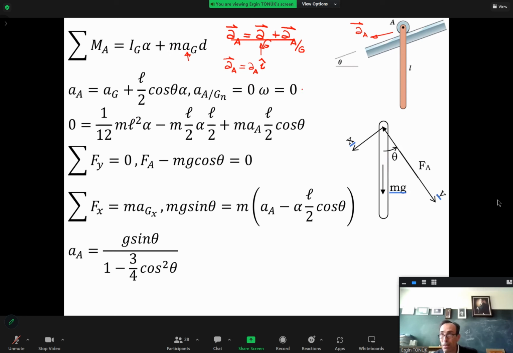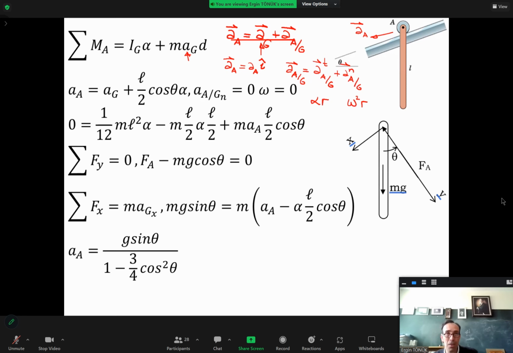Then this relative acceleration, a_A with respect to G, has two components: a_A/G tangential, and a_A/G normal. Am I right? And this has a magnitude alpha r. This has a magnitude omega squared r. And they are perpendicular to each other, okay?